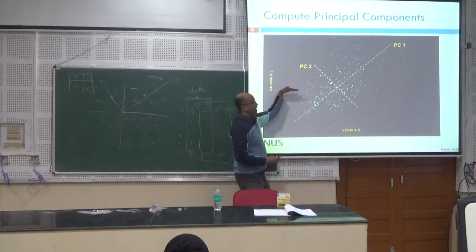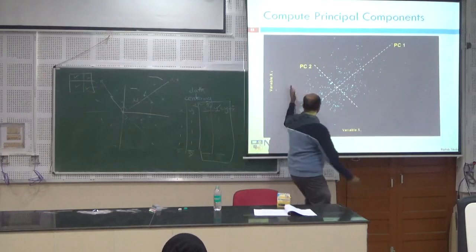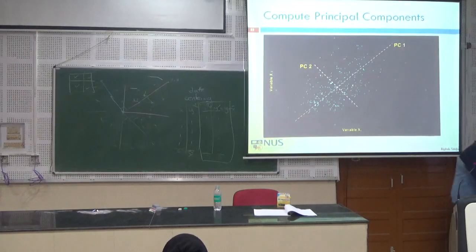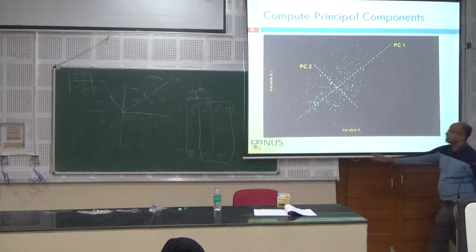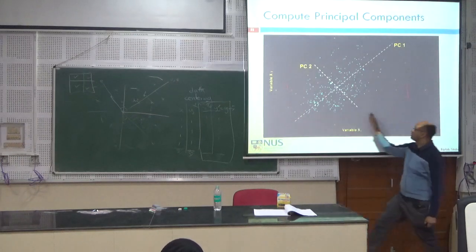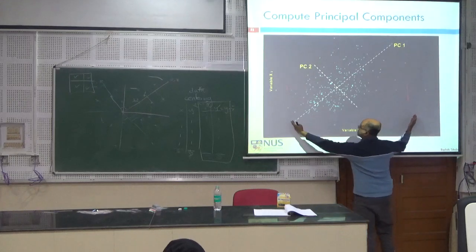If you look along this direction, what is the variation you will see? You can do it intuitively. Somewhere between here and here. And if you look along the traditional x direction, you can see the maximum variation is this, right? This is the lowest data point. This is the highest data point. So this is the variation I see.